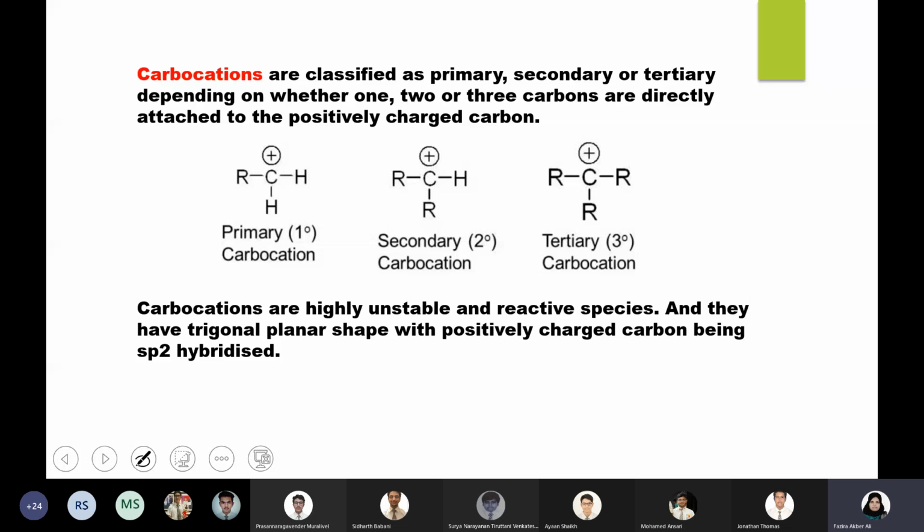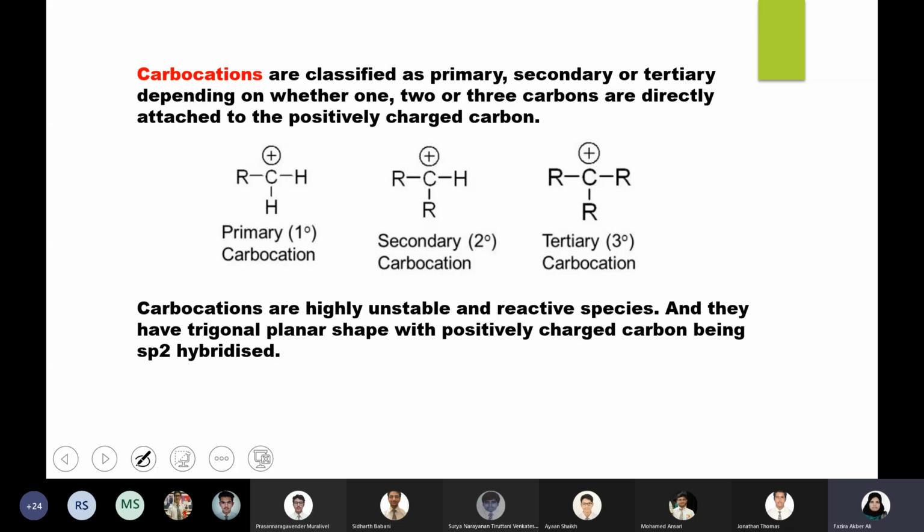And usually, if you're preparing for competitive exams, one of the important questions related to carbocation, usually a multiple choice question, is about its hybridization and the shape of the molecule, and comparing carbocations and carbanions, their difference in hybridization and geometry.